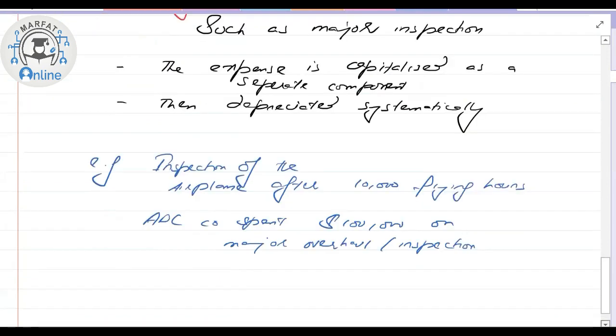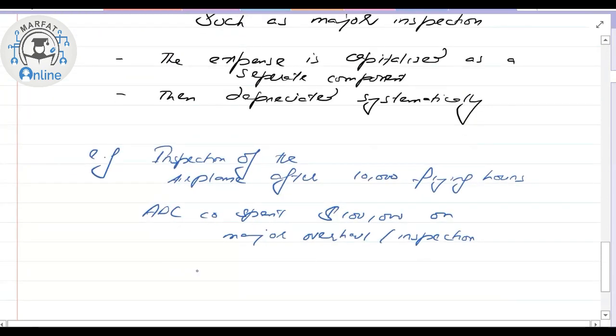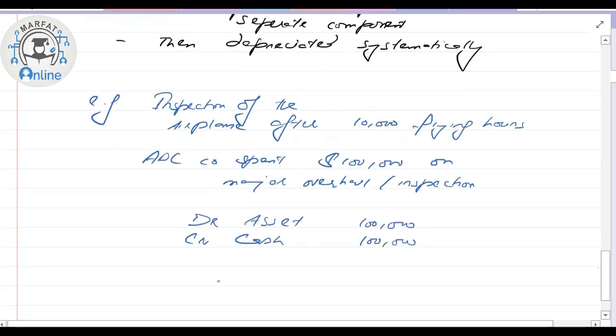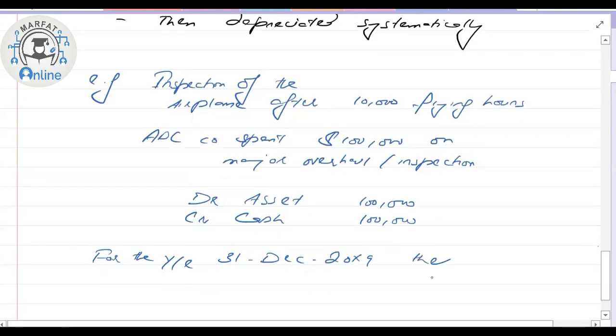Now, what are they going to do initially? They're going to debit the asset and credit cash with this 100,000, because initially we will capitalize it. So say for example, for the year ended 31st December 20x9, they flew 5,000 hours.